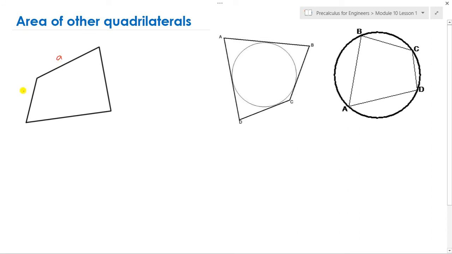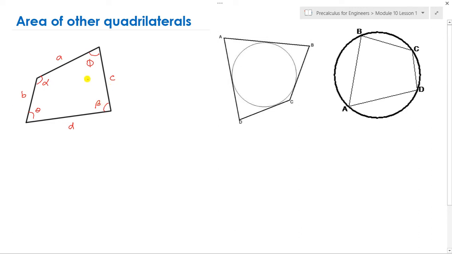Let's say this is A, this is B, this is C, and this is D. And also the angles. Let's say this is angle theta, this is angle phi, this is angle alpha, and this is angle beta.